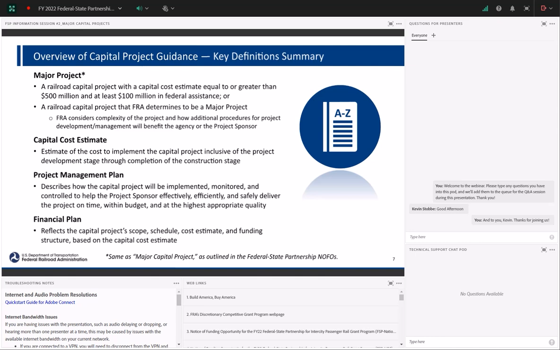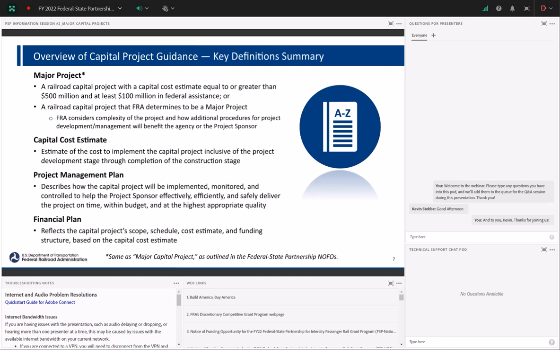The guidance, as you see with the last 3 definitions, helps outline different documents to narrow the scope, make sure that the project is able to be safely delivered on time, within budget, and at high quality, and also helps to provide financial plans that reflect the scope of the project.